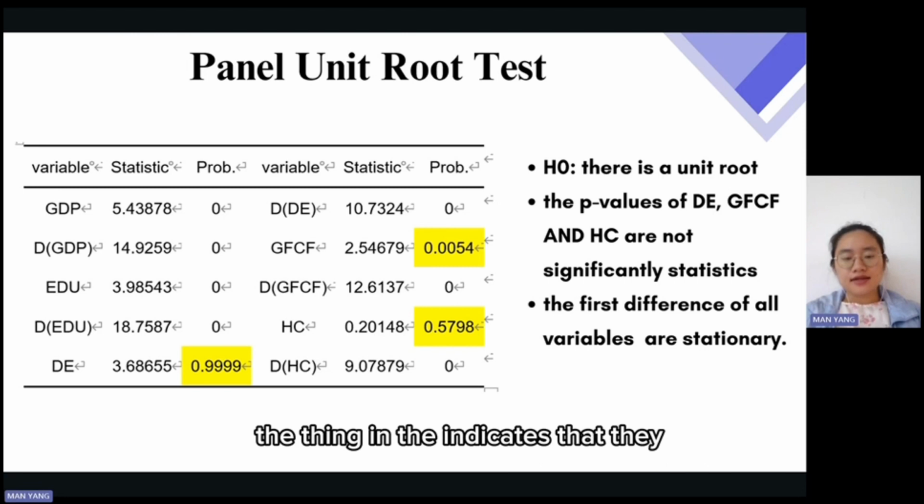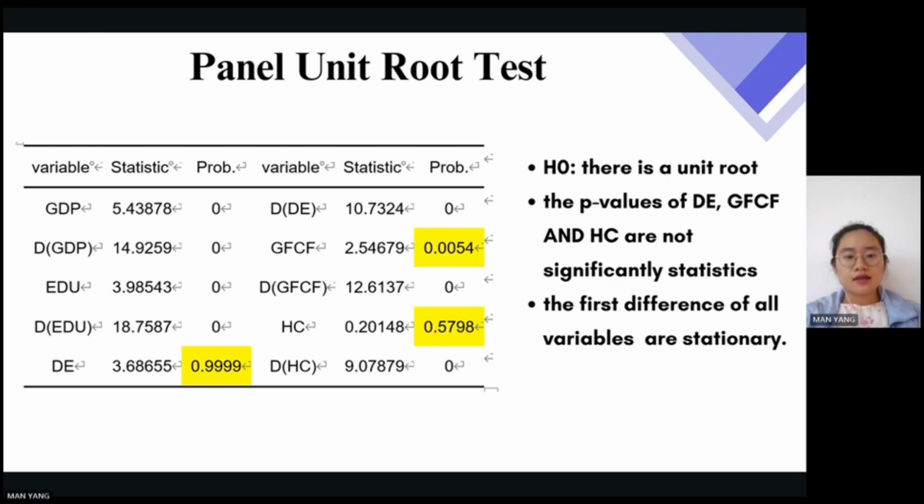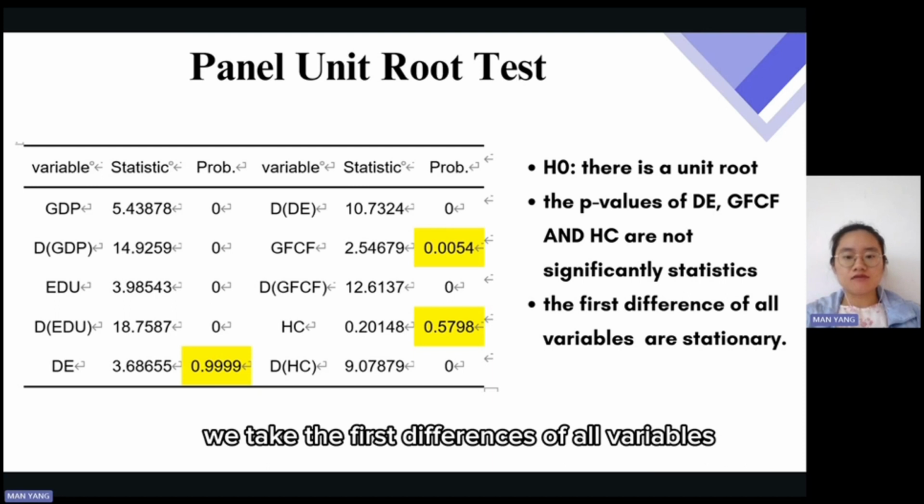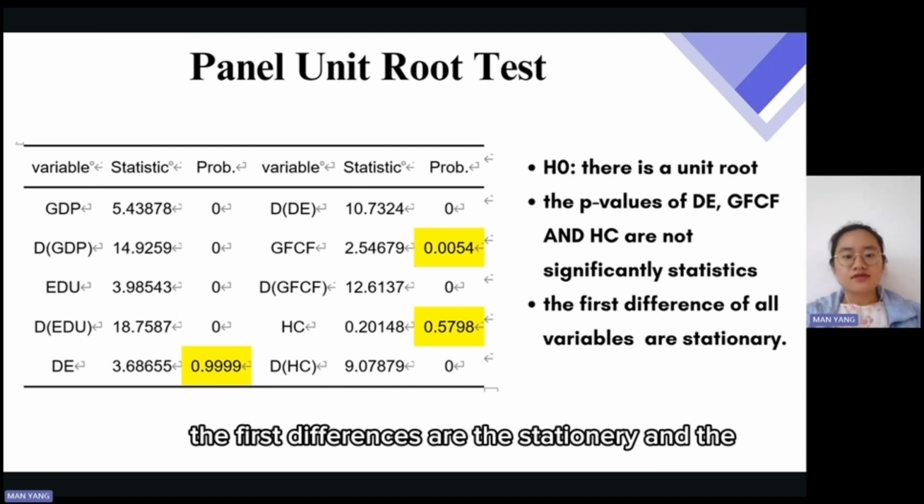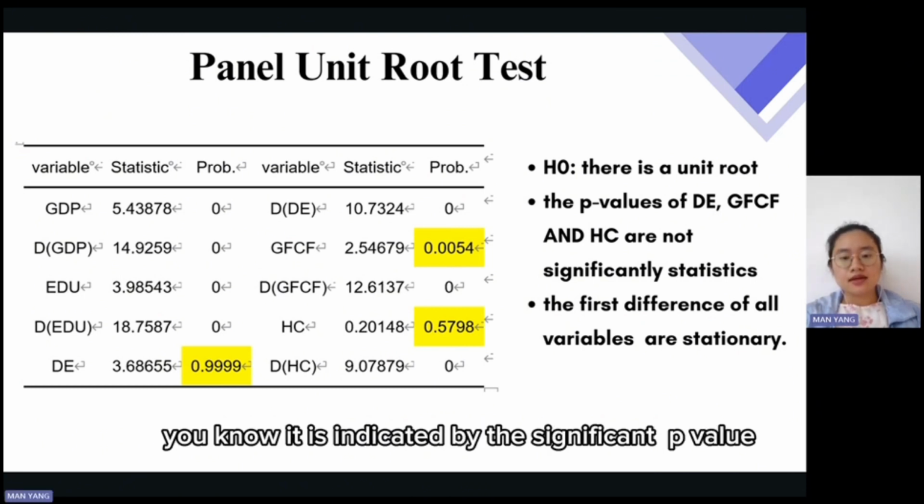The data indicates that these variables have a unit root and are not stationary. To address this issue, we take the first differences of all variables. The first differences are stationary, as indicated by the significant p-values.